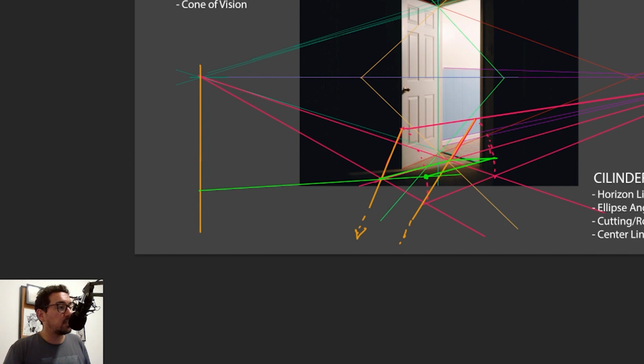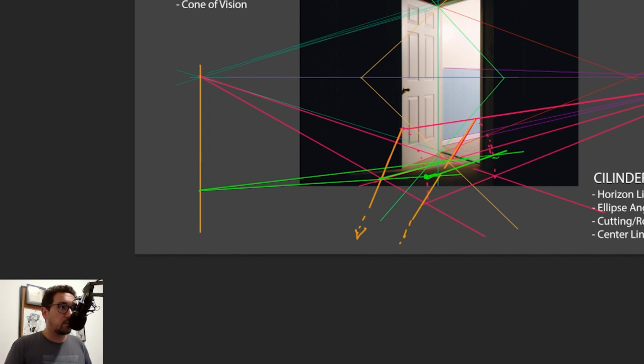So of course the ellipses that I'm using are not very accurate, so it would have to go more in this direction, a little closer to this, and then this one wouldn't converge as well, but we're always going to have a little bit of distortion in perspective.